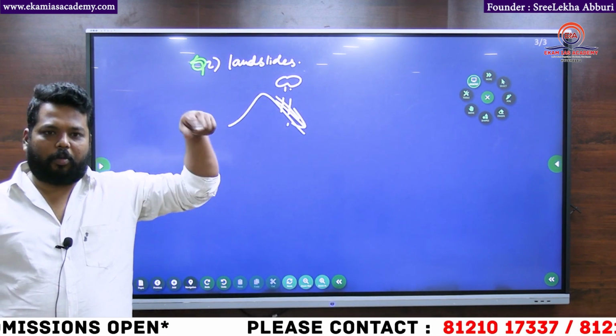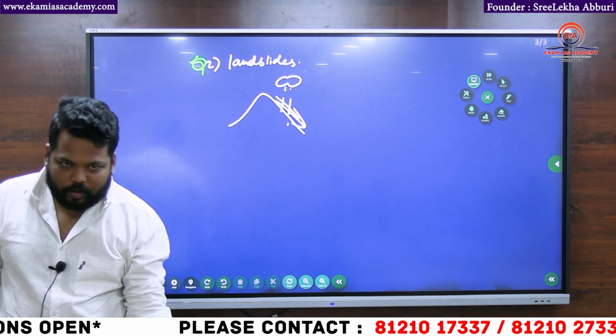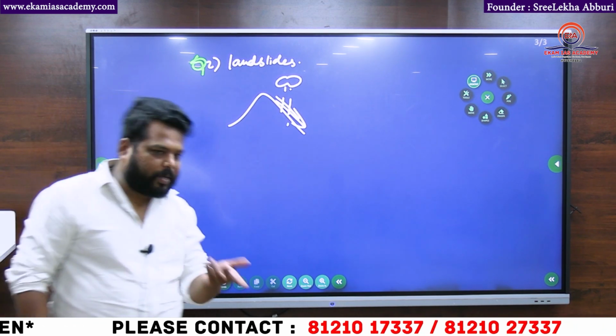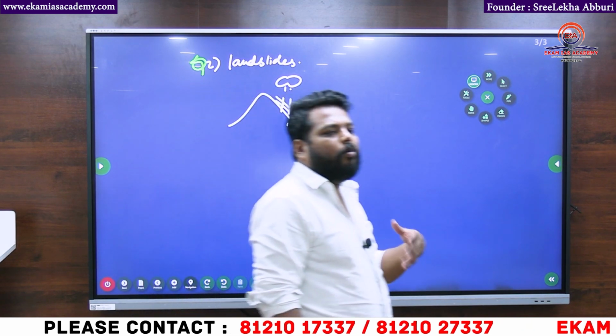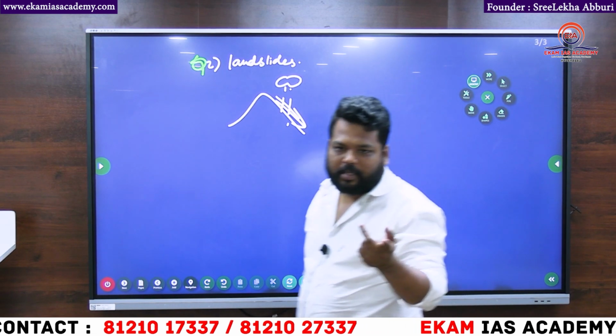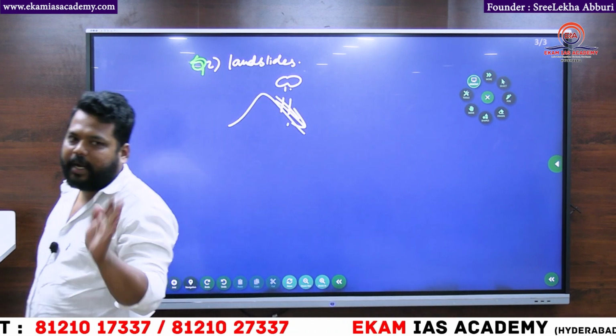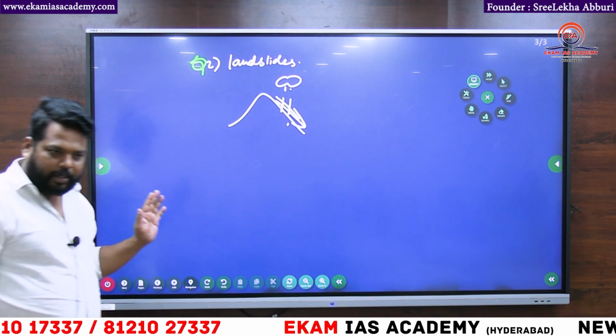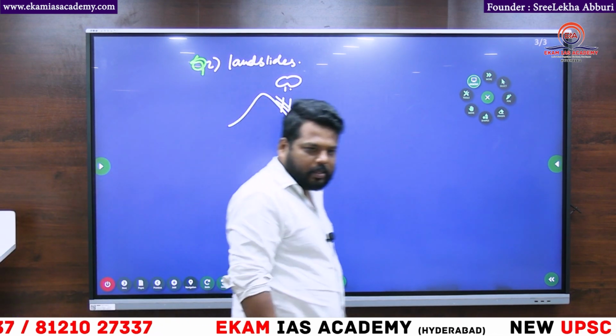Either attach this cloudburst with disaster management in the conclusion and suggest some measure, or attach this cloudburst frequency with global warming and climate change. In these two perceptions, any perception you can take and add it up. Are you getting this point, everyone? Everyone clear with this?